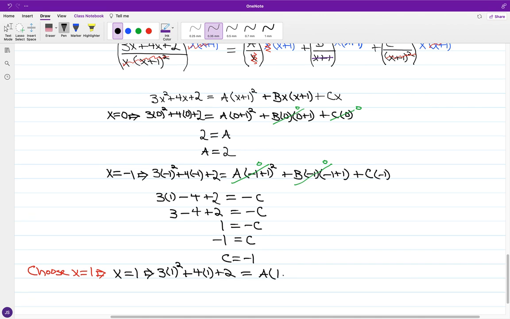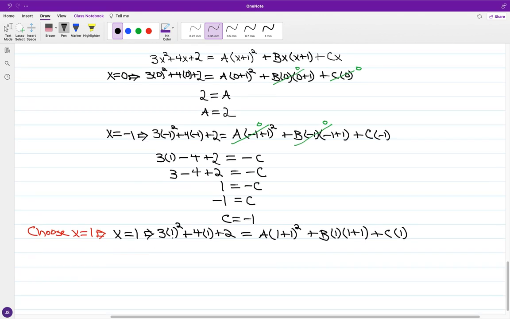I'll get to that in just a moment. So I have a times 1 plus 1 squared. Got b times 1 times quantity of 1 plus 1 plus c times 1.